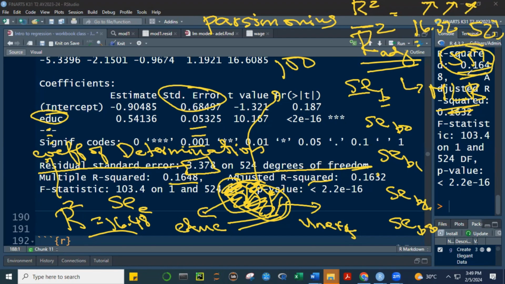Ibig sabihin nun, we are now penalizing our model for including that other variable which did not really improve the model. Okay, so yun, ang gagamitin natin class pag multiple linear regression, ang titingnan natin tong adjusted R squared and not the multiple R squared. Okay, pause muna ako class. Clear ba yun? Clear siya? Yung concept na itong mga to, ano?